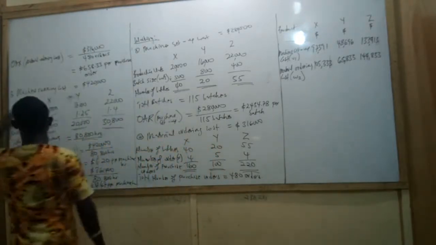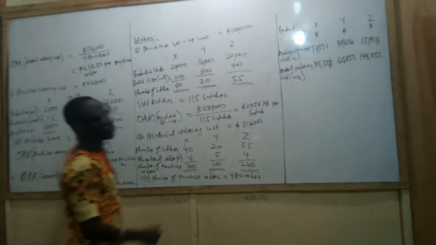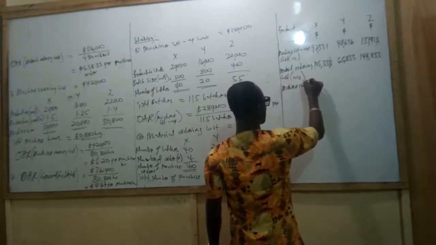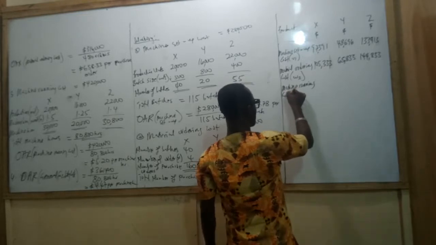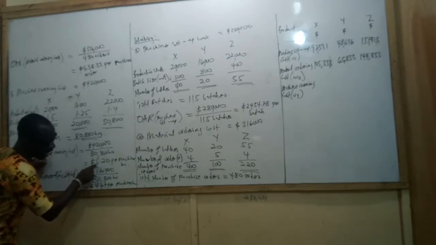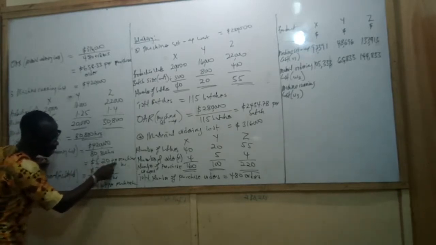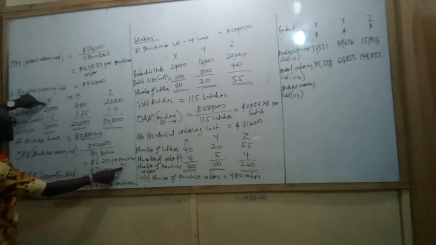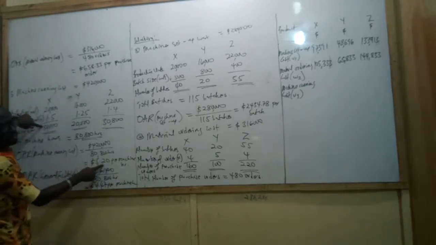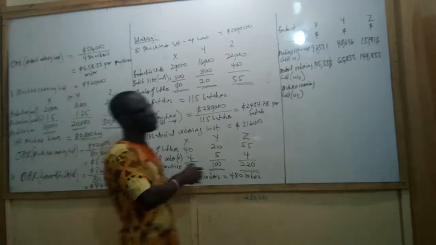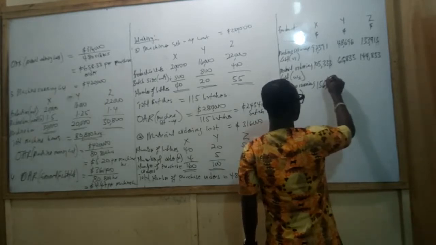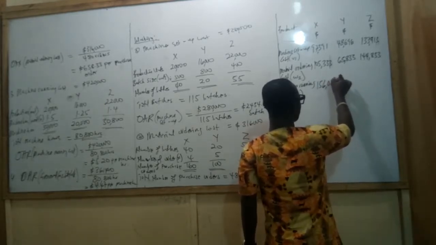Next one. Machine running cost. That's workings 3. What is our rate? 5.20 per machine hour. X did how many machine hours? So that figure times 30,000. That's 156,000. Okay.